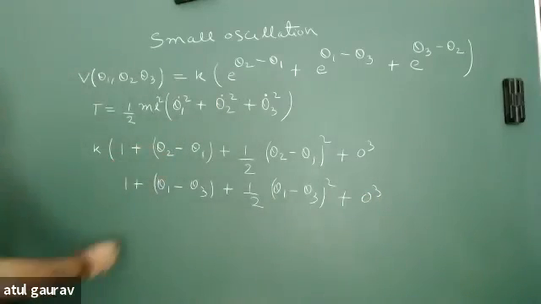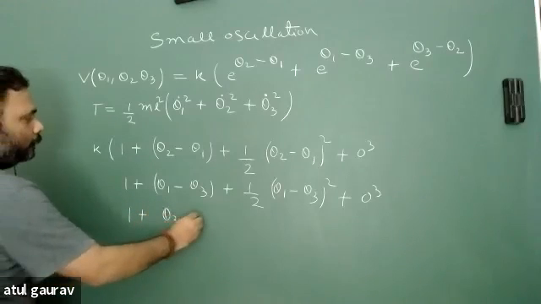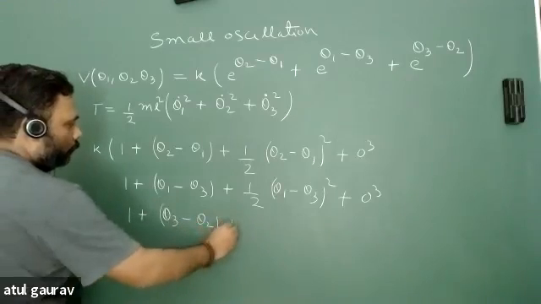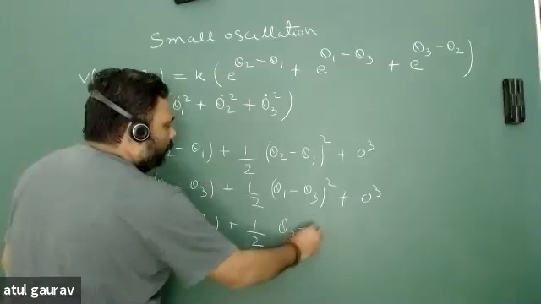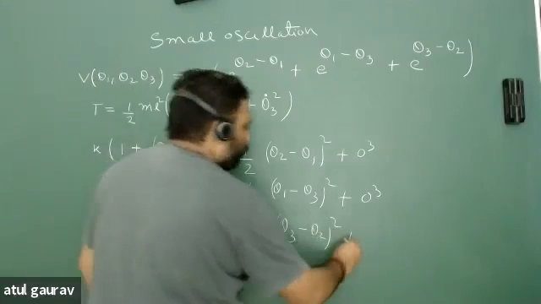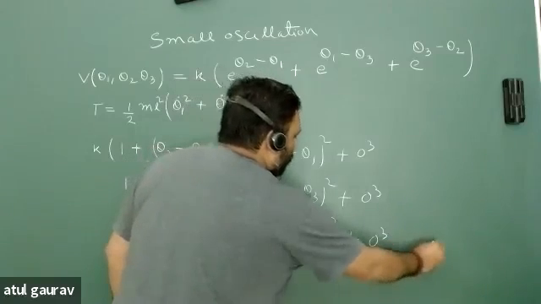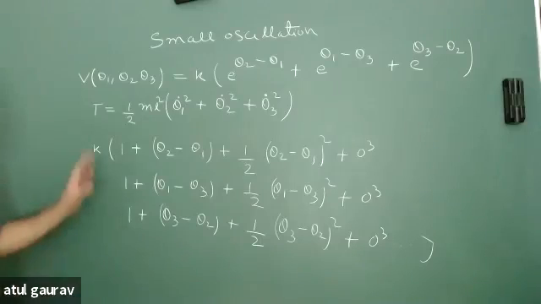And the third one is 1 plus (theta 3 minus theta 2) plus 1 by 2 (theta 3 minus theta 2) whole square plus order of whole cube, and we can just get it. So this is my approximation.